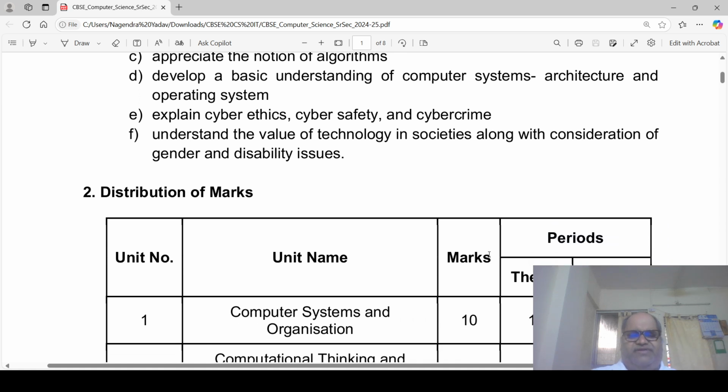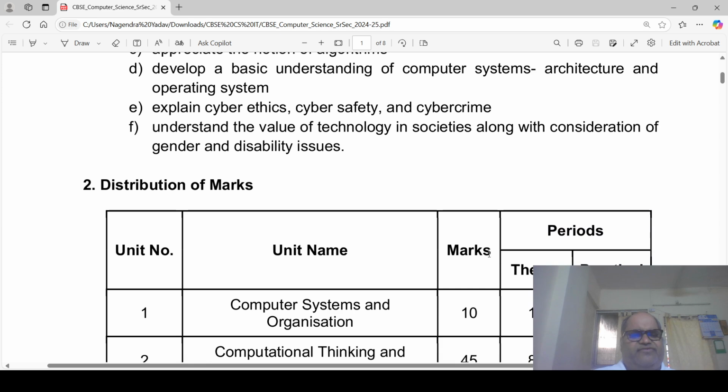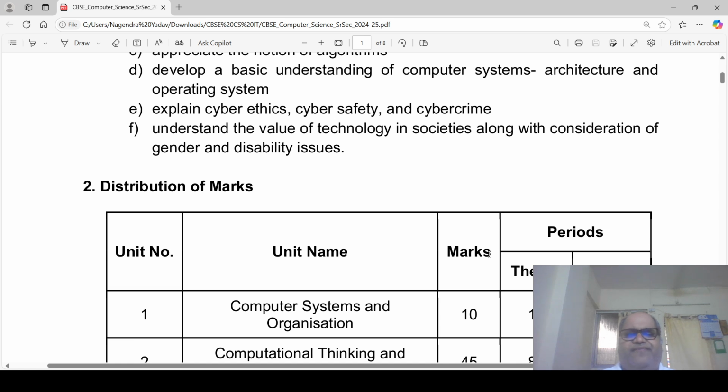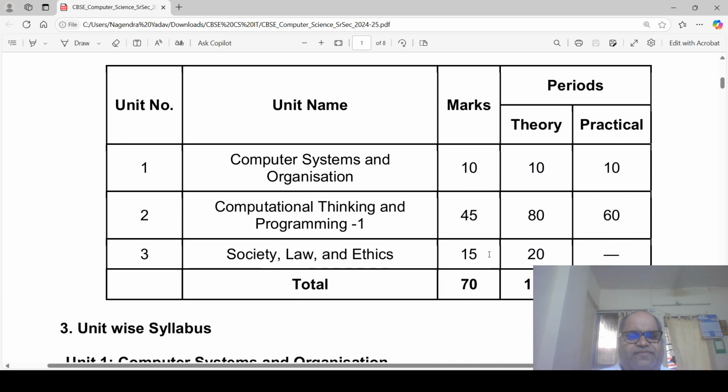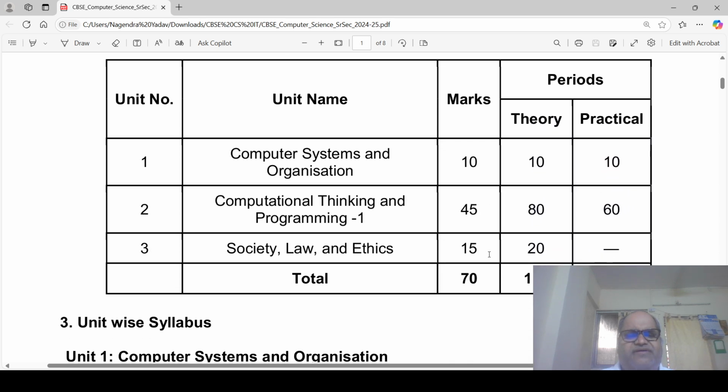The last topics in class 11 are primarily about making you sensitive towards societal norms. So in this series, we will not delve too much into computer system and organization as well as society, law and ethics.